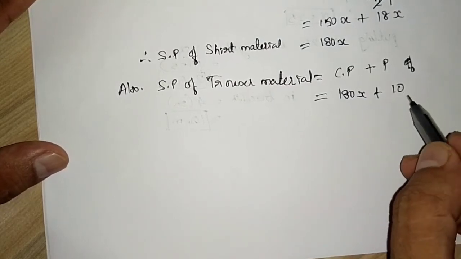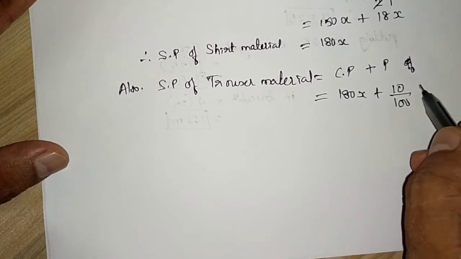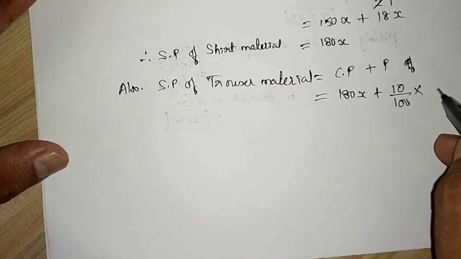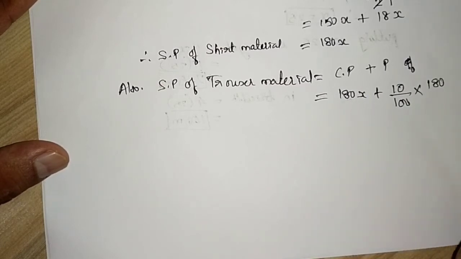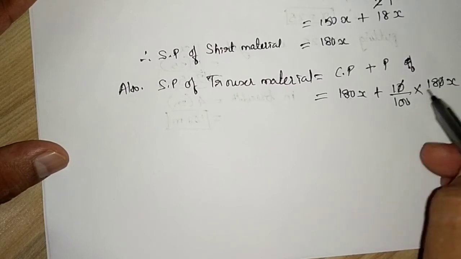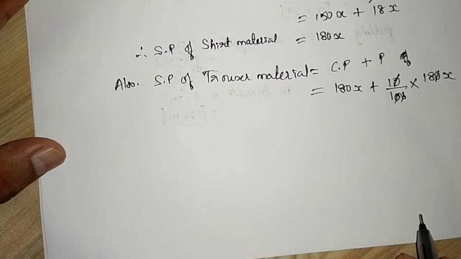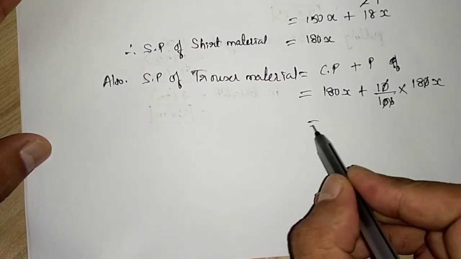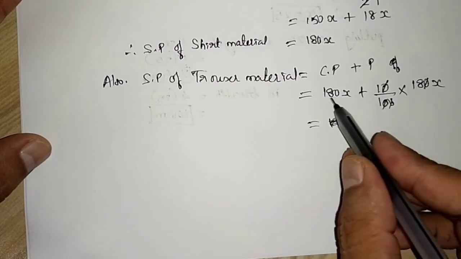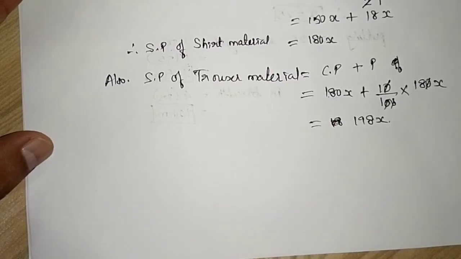It is 10%. 10% we can write as 10 divided by 100 of what? 10% of the cost price, and cost price is 180x. The 0s, 2 0s in the denominator will cut. So our selling price will be 180 plus 18, that is 198x.